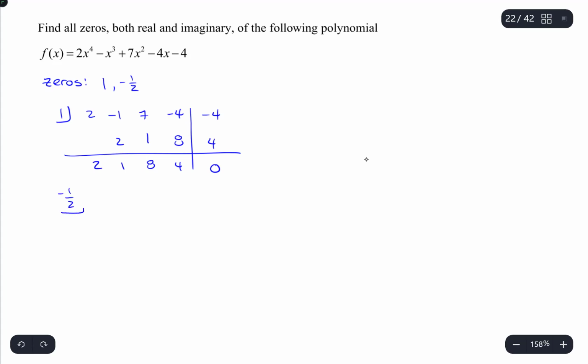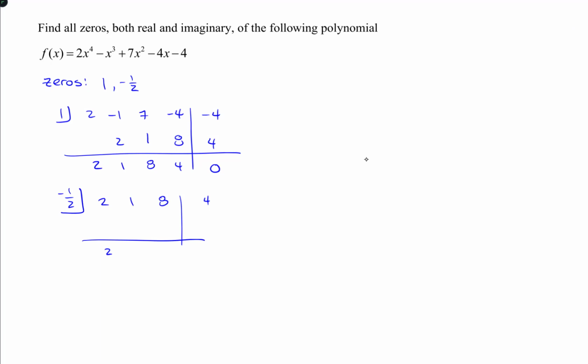So then what I'll do is factor that out of the polynomial. But I've already taken 1 zero out of the polynomial, so I'm going to use this reduced set of coefficients. So bring the 2 down. 2 times -1/2 is -1. That adds up to 0.